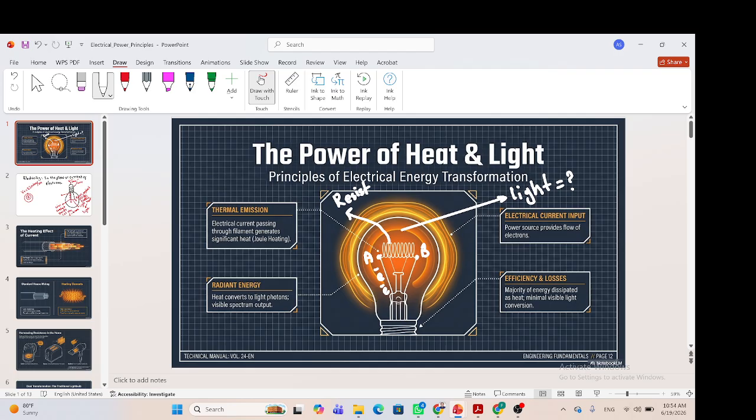But when they come from point A to point B, they cannot move easily, so they hit each other. They all come to one point and hit each other, and this sudden and very fast collision produces what? It produces heat, directly at this point. A few years ago we had lamps that had a somewhat red color.